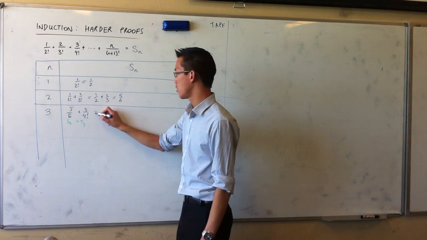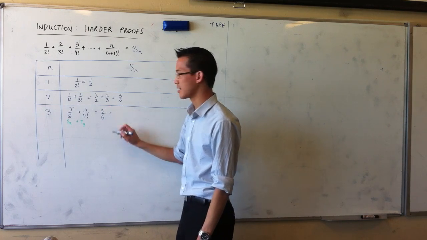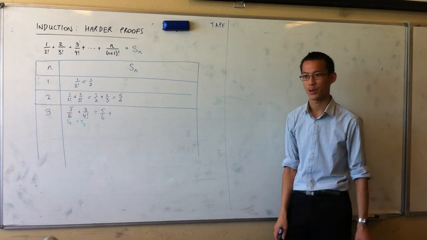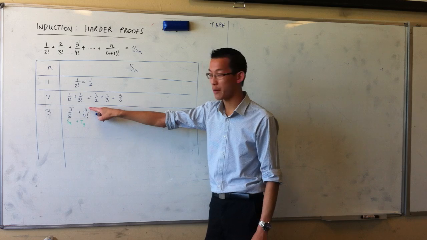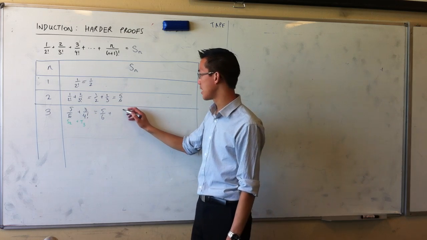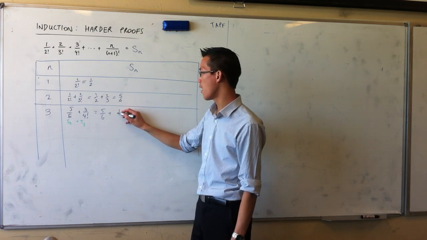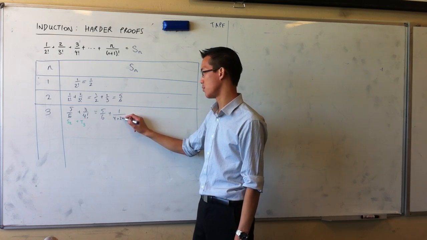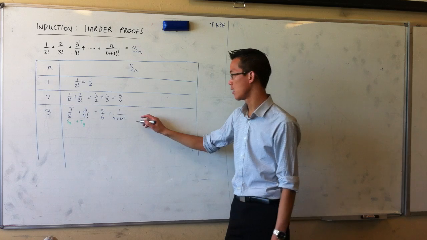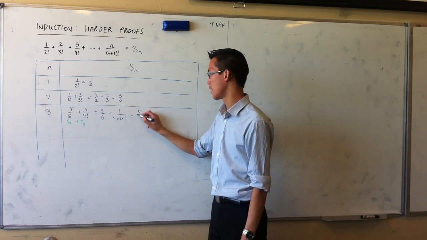Alright, what's this thing equal to? 5/6 plus, what's 4 factorial? Now, I don't have to work out all of what 4 factorial is, because I can get rid of the 3. So that's going to be 1/4 times 3 times 2 times 1. Is that okay? 5/6 plus 1/8.